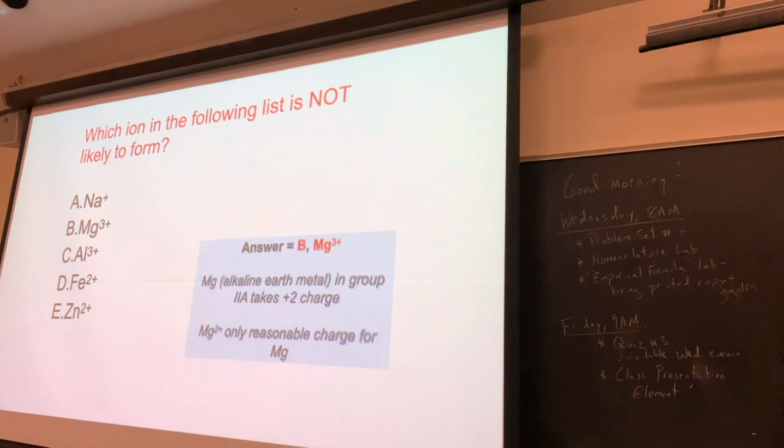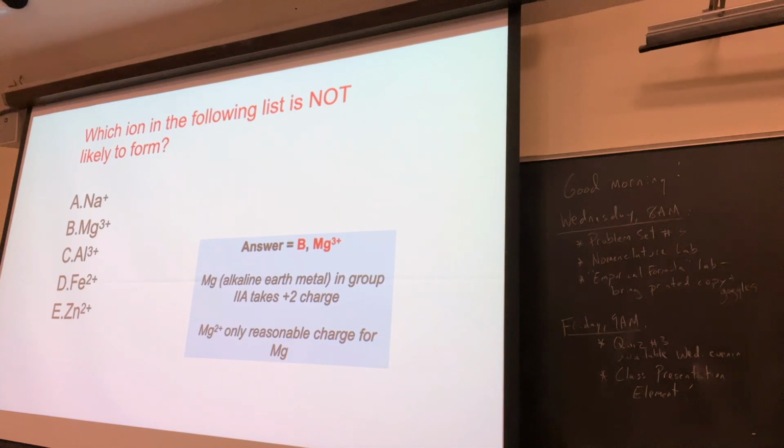And magnesium, for us, never is going to be positive 3. Magnesium, for us, always positive 2. Everything in that group is going to be positive 2. So we would not predict magnesium plus 3 to form. We wouldn't predict magnesium plus 1 to form. We would only predict magnesium plus 2.